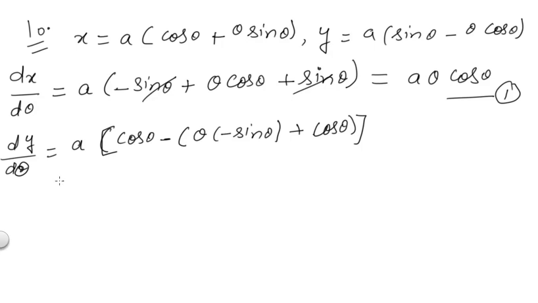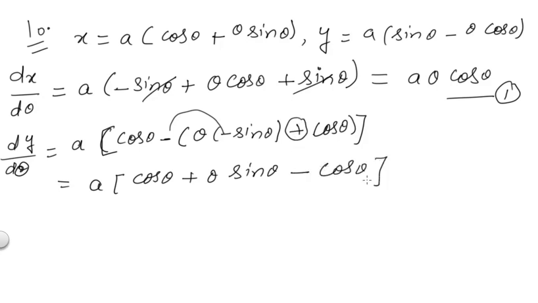So this is what we have. Let us simplify it. a cos theta minus and minus will become plus theta sin theta. Outside the bracket there is a minus sign, so this will change to minus cos theta. Cos theta getting cancelled. We have a theta sin theta. Let this be second equation.